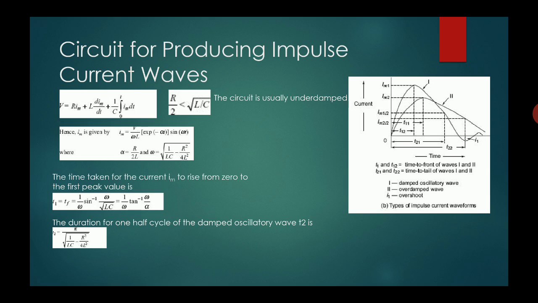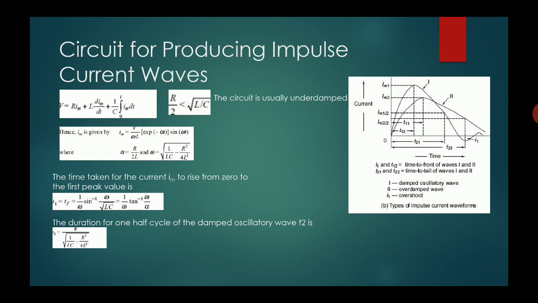Now, when you write the Laplace transform, you get the current as an expression given by Im equal to V by omega L times exponential of minus alpha t times sine omega t. So keep this equation in mind.